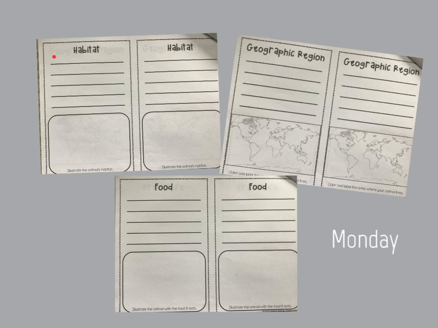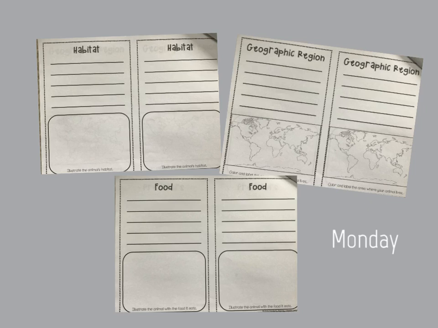So we're not going to just list here on these lines, farm, hay, in a stall, in a barn. We're going to write a complete sentence and say, the horse lives on a farm. It sleeps in a stall in the barn, or it sleeps on hay. Whatever you find out about the animal, okay?